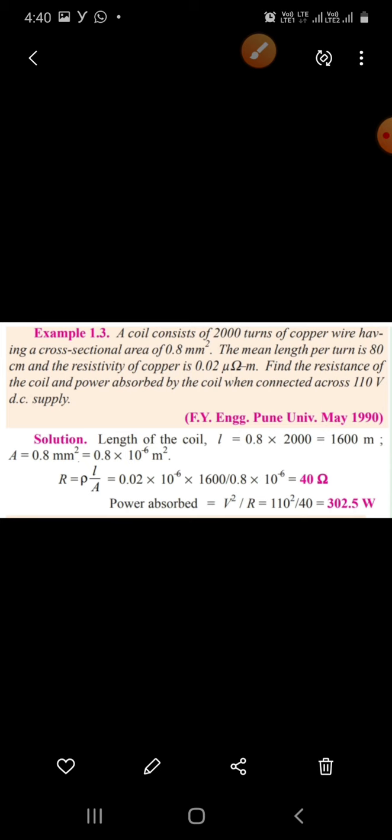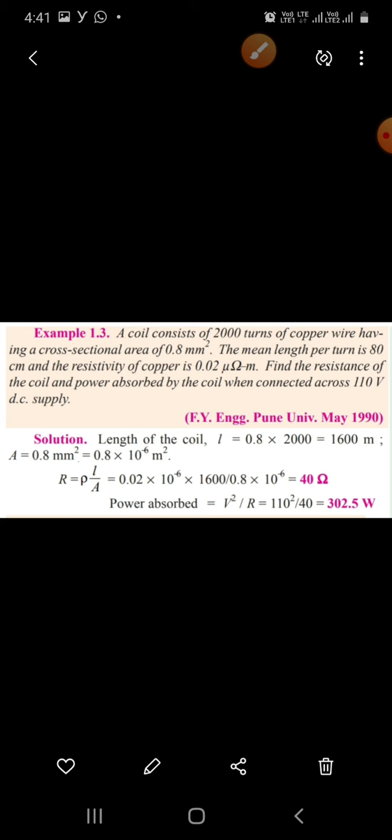The mean length per turn is 80 cm, and the resistivity of copper is 0.02 micro ohm meter. Then find the resistance of the coil and the power absorbed by the coil when connected across a 110 volt DC supply.